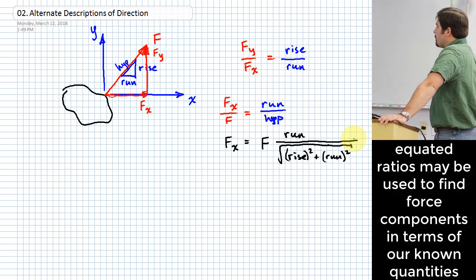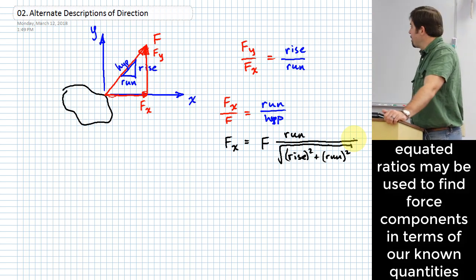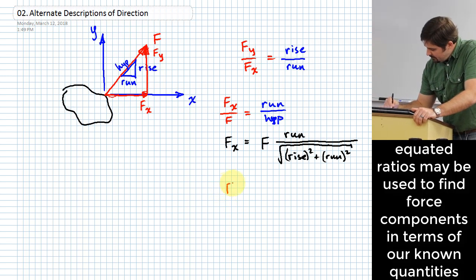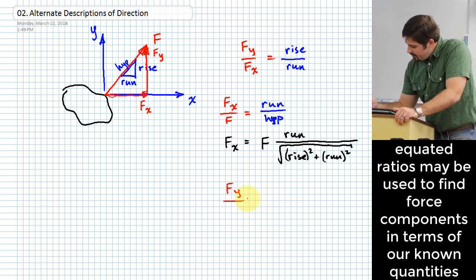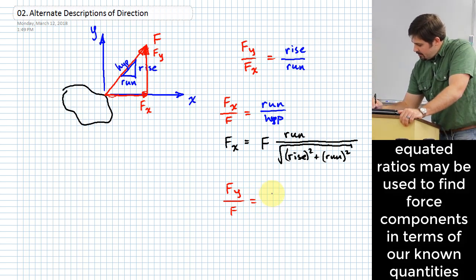What if I want to know the value of Fy, the y component of F? Fy over F is going to be equal to what? The rise over the hypotenuse.